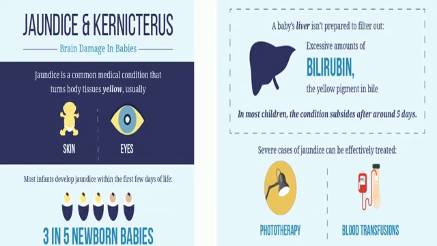Okay, so three among 5 newborn babies have neonatal jaundice. Now this neonatal jaundice is easily curable, and it mostly subsides within 5 days or a week. What has to be done? Generally, phototherapy is given, and sometimes even blood transfusions may be carried out.